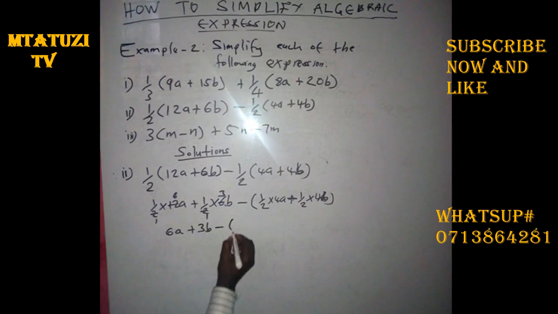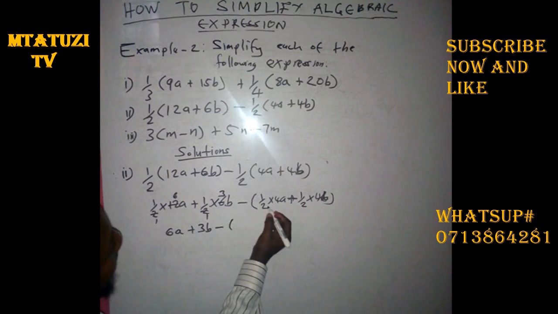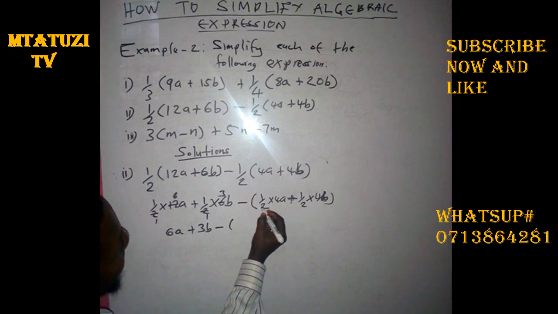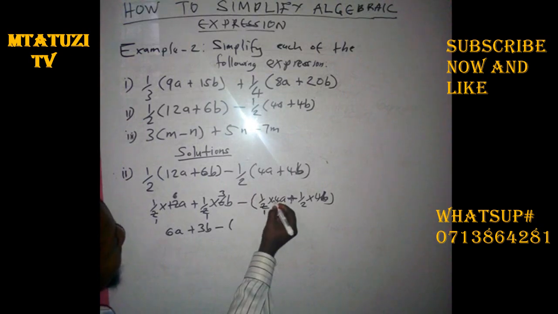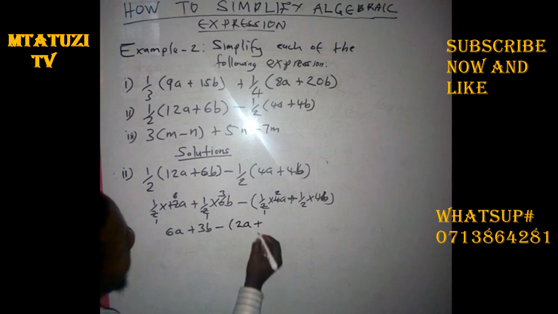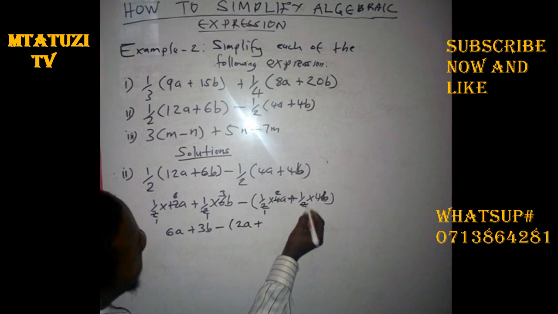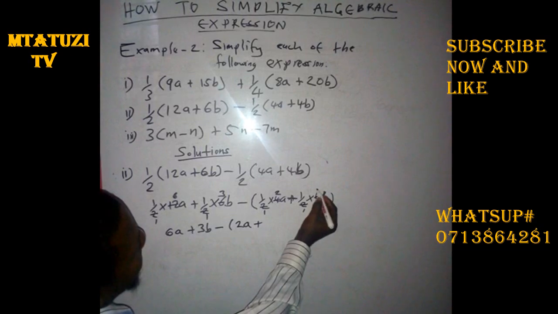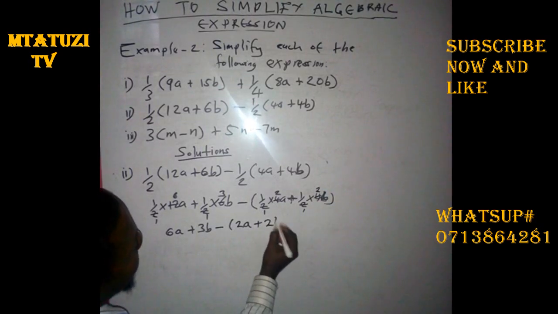Minus, in a bracket, you take 2 divided by 2 is 1, 4 divided by 2 is 2. 1 times 2a, you get 2a. Plus 2 divided by 2 is 1, 4 divided by 2 is 2. 1 times 2b, you get 2b.